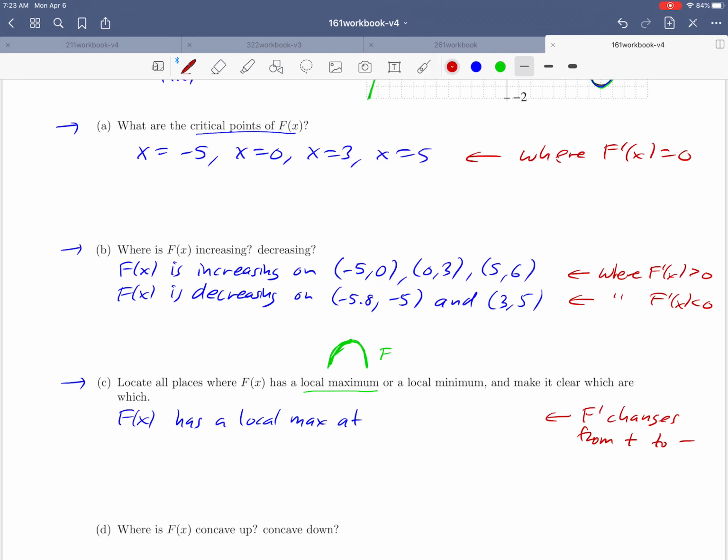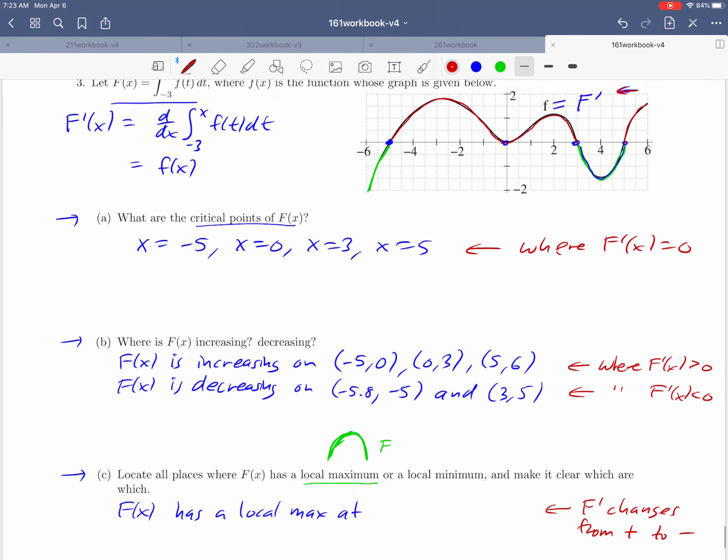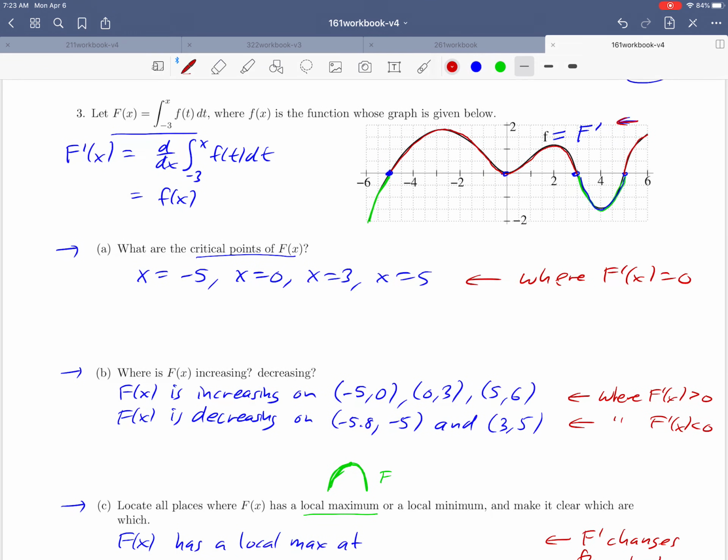Okay, so if we scroll back up and look at the graph that we were given, remember this graph is the graph of the derivative. Okay, and I'm going to go ahead and just get rid of some of the markings that we put on the graph earlier. Would be good though to keep the one that says that little f is the derivative of capital F. Do you see a place on that graph where it changes sign from positive to negative?